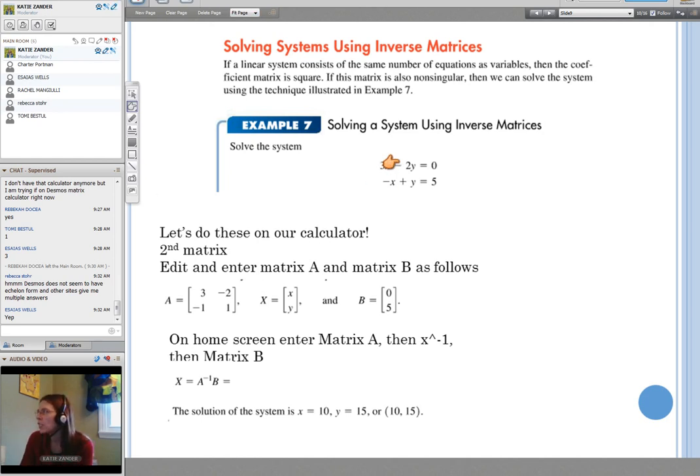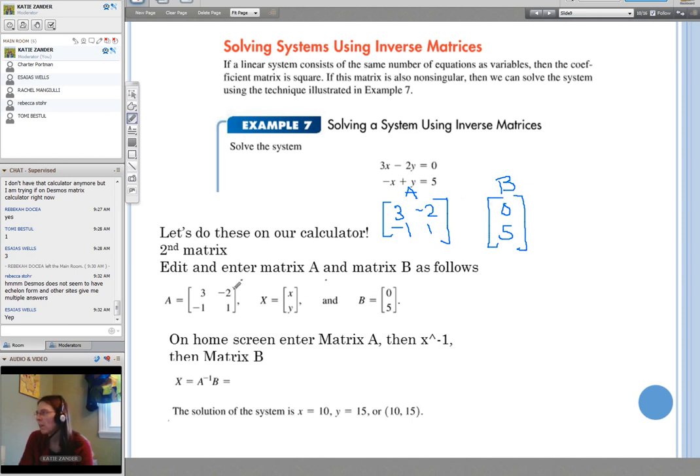They break it into a matrix that's dealing with your coefficients, and then the second matrix using just your solutions. They call the coefficient matrix matrix A, and your solution matrix matrix B.